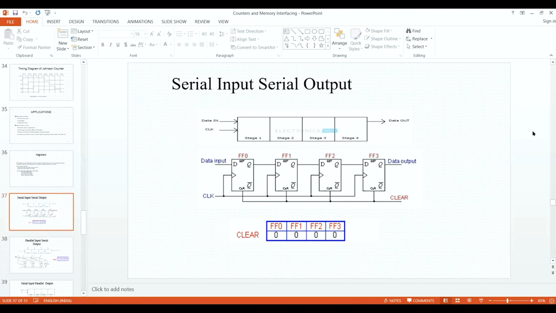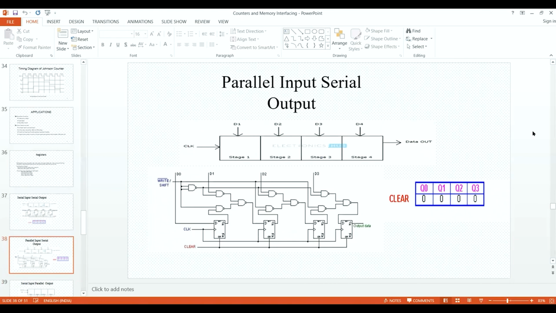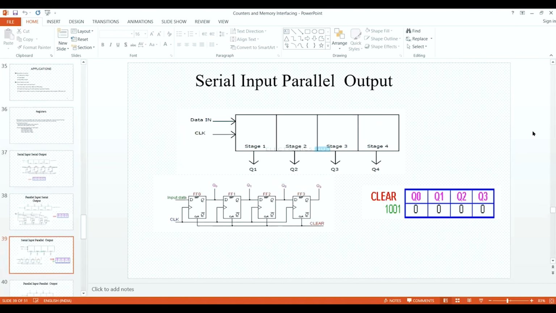But when we talk about parallel input, serial output, then we give a parallel configuration, as you can see, and the serial output is taken in a very simple way. But that is not recommended. Similarly, this is serial input, parallel output, again not recommended, but yes, you can take it as a simple one.